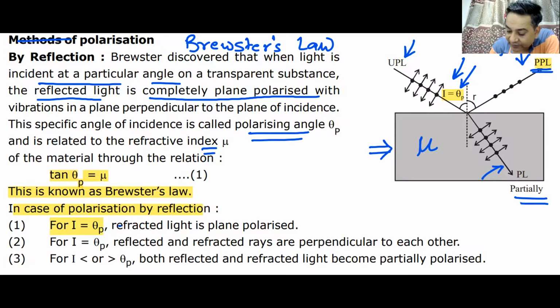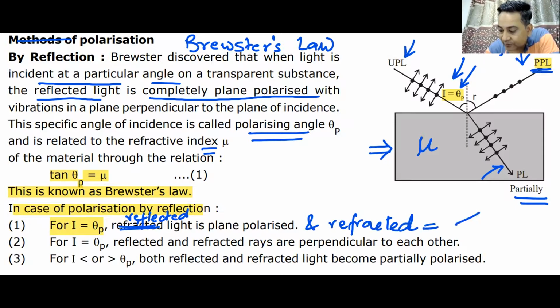Just make it: reflected light is polarized. Do you understand? Reflected light is plane polarized and refracted light is partly polarized. Do we understand this?